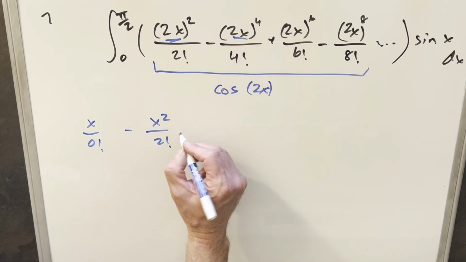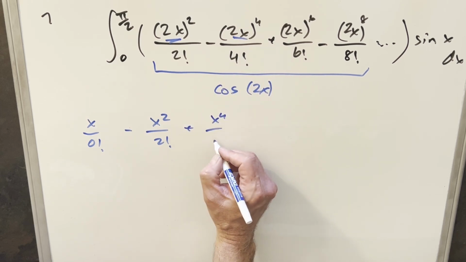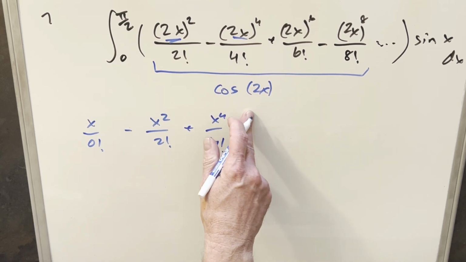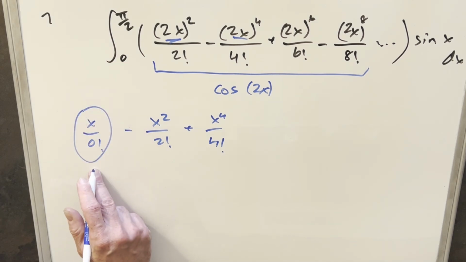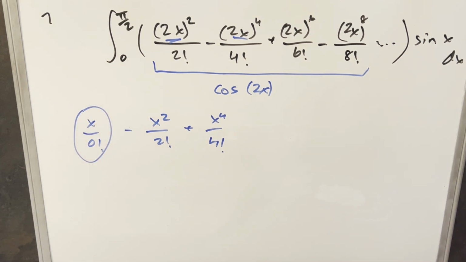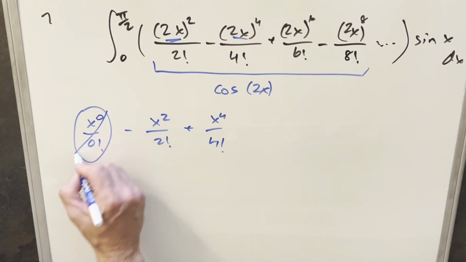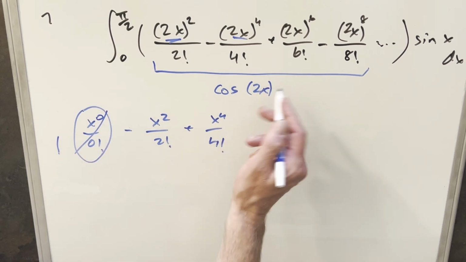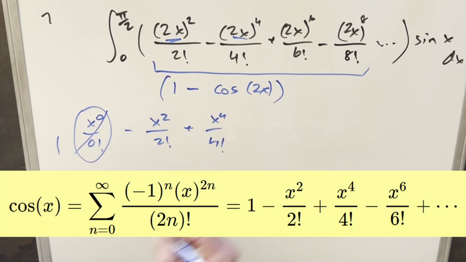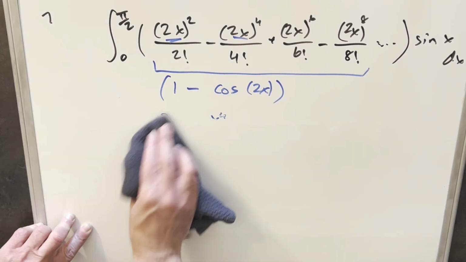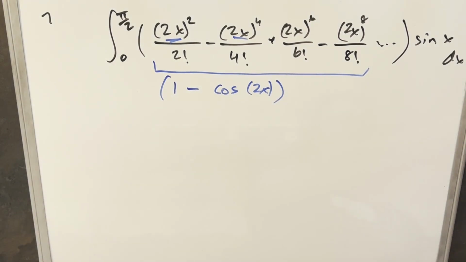So they've reversed the sign on cosine 2x, and they've removed the first term, which would be, oh, but this is an x to the 0, so this term is 1. So they reversed the sign and removed a 1, so this whole thing is going to be 1 minus cosine 2x.